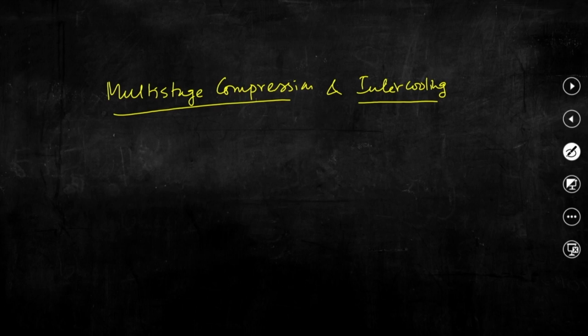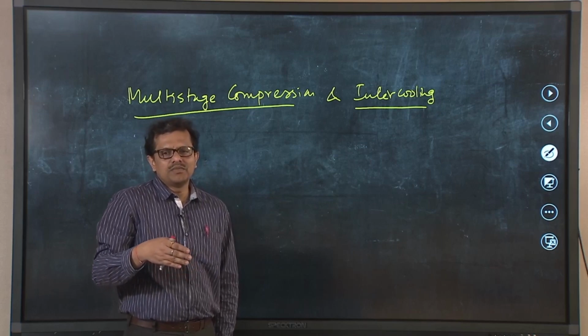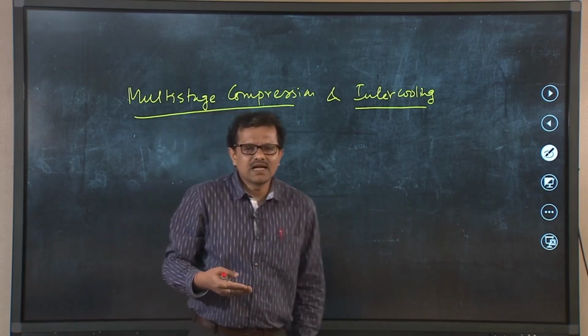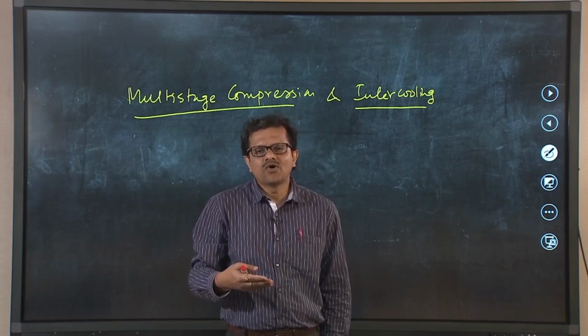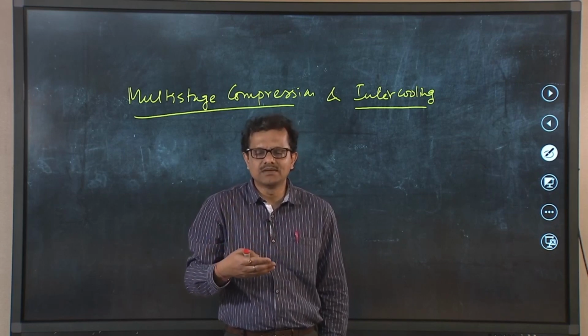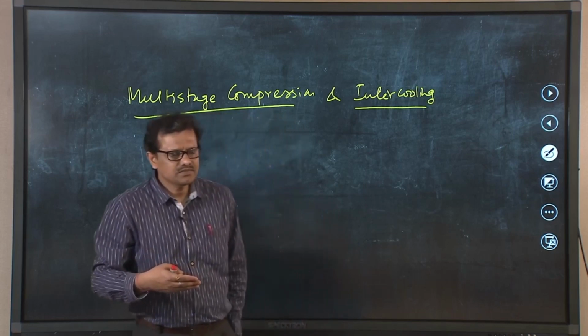Now, as we have discussed, if the compression process is needed only to increase the pressure of the working fluid with no increase in temperature, then multistaging may not be required, but it is very unlikely that we will have a compression process wherein the sole purpose will be to increase a substantial amount of pressure without increasing temperature, otherwise isothermal compression will not be possible.